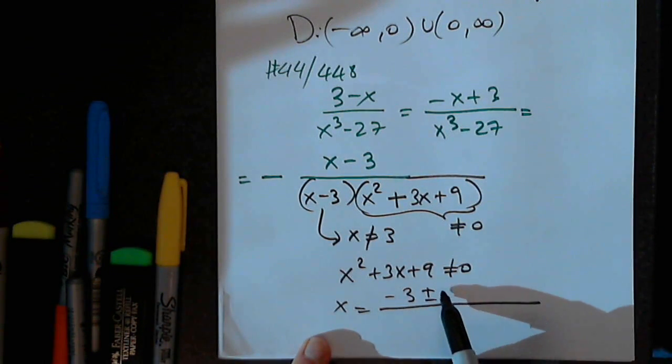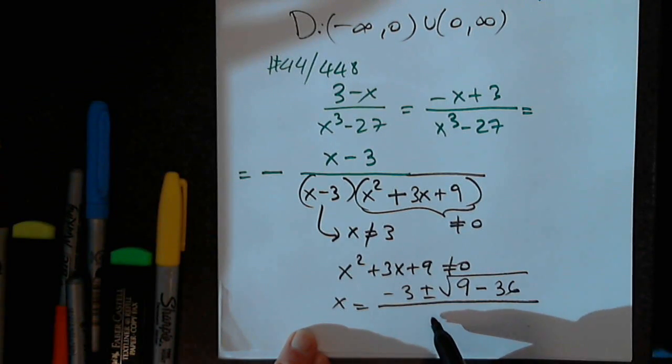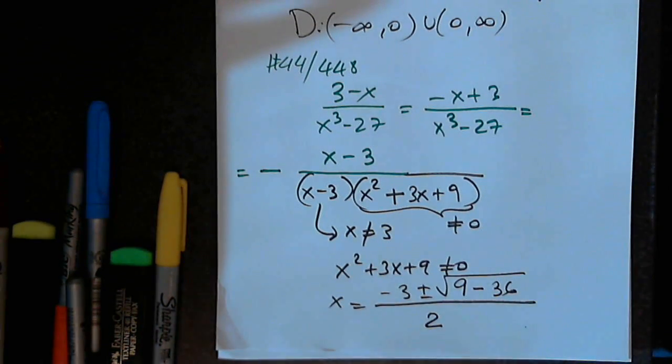Minus 3 plus or minus the square root of 9 minus 4ac, over 2. Obviously, the solutions are what type? They are imaginary. 9 minus 36 is an imaginary number, right? So I shouldn't even continue.